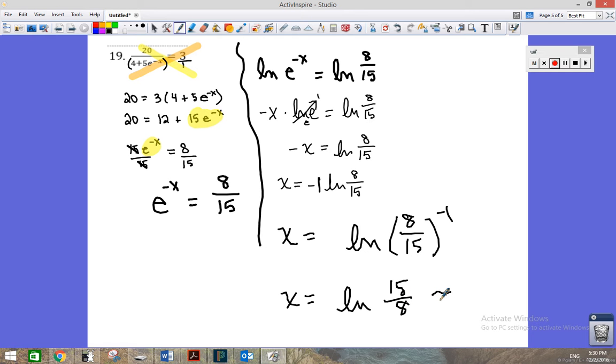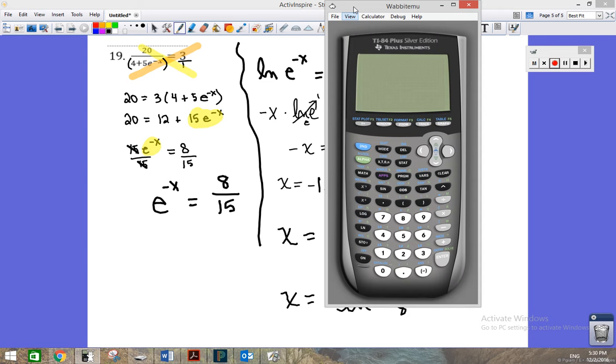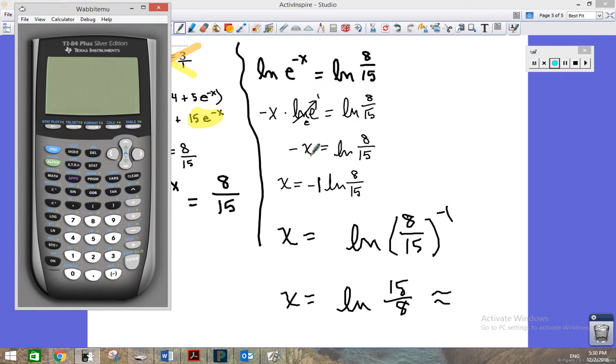So I can go to a calculator and get that decimal approximation. Now, let me go back and prove to you that it's the same, that I can flip that fraction. Remember that I originally said my answer is the opposite of the natural log of 8 divided by 15. To 3 decimal places, that approximation is 0.629.